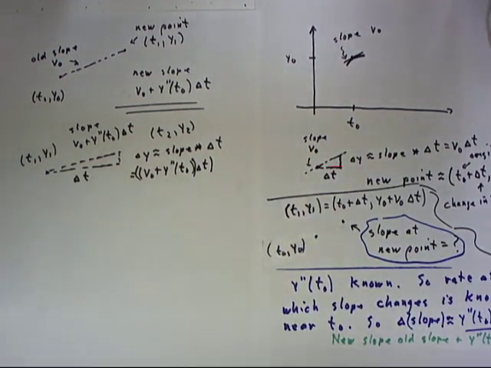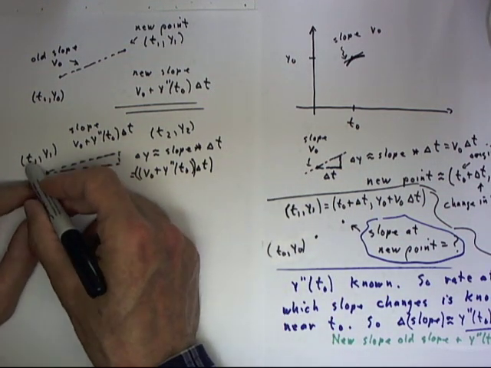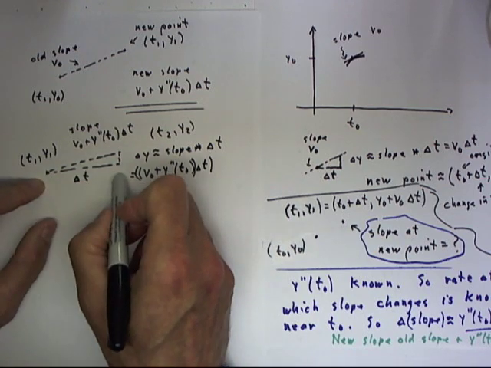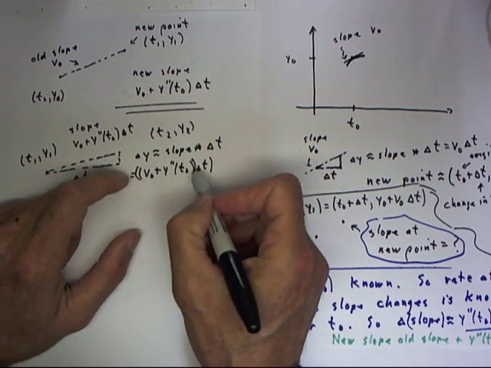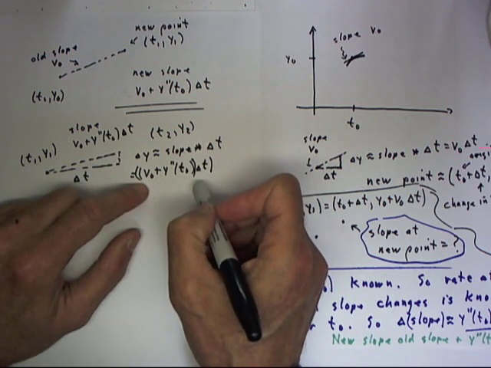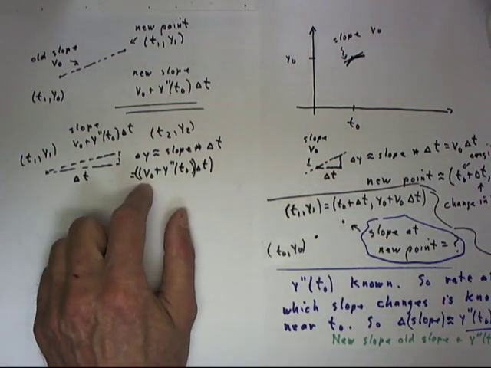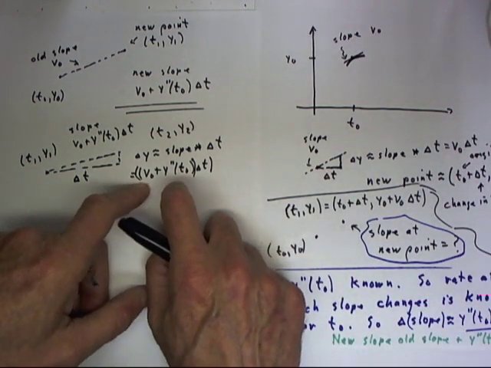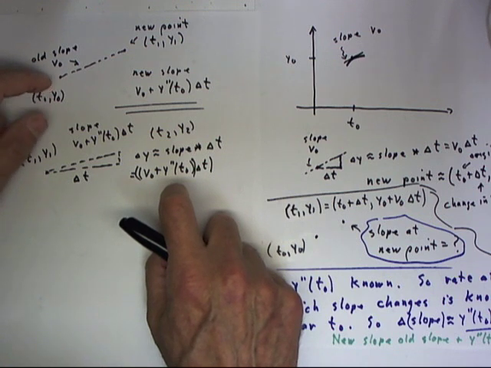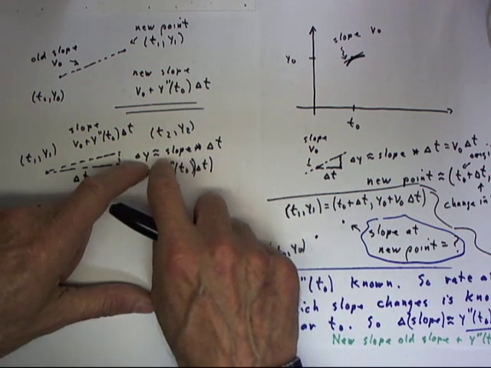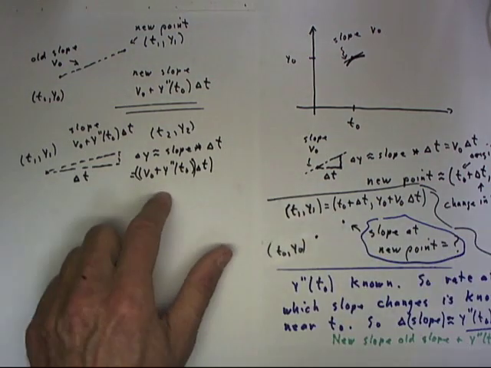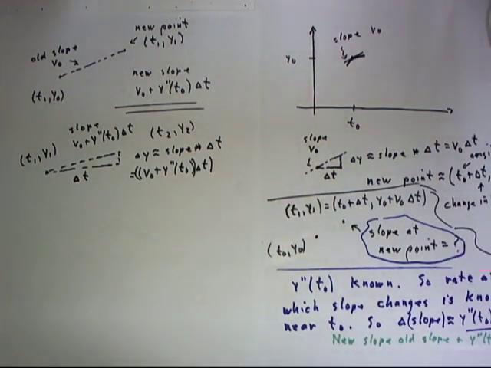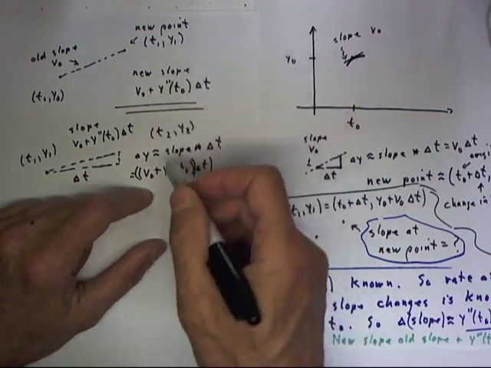Now, it should be clear that starting from our point t1, y1, we can move delta t. We're going to get a change in y, which is slope times delta t. The slope being our old slope v0 plus our change in slope.